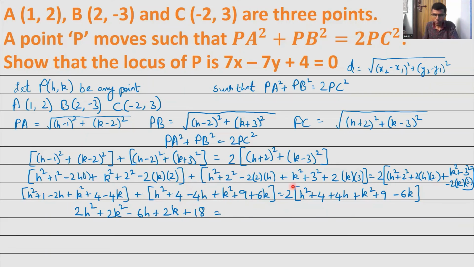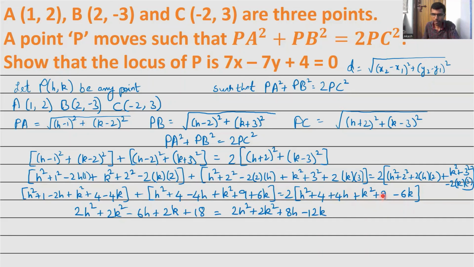And on the right side, I'm going to multiply 2 with all the terms, but observe the order. 2 into h square is 2h square. And then 2 into k square is 2k square. And then where's my h term? It's here. 2 into 4h is 8h. And then 2 into minus 6k is going to be minus 12k.